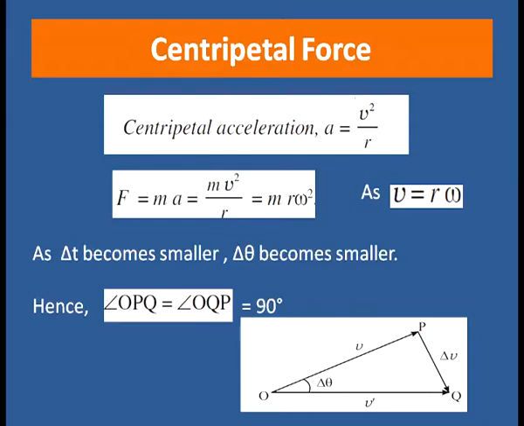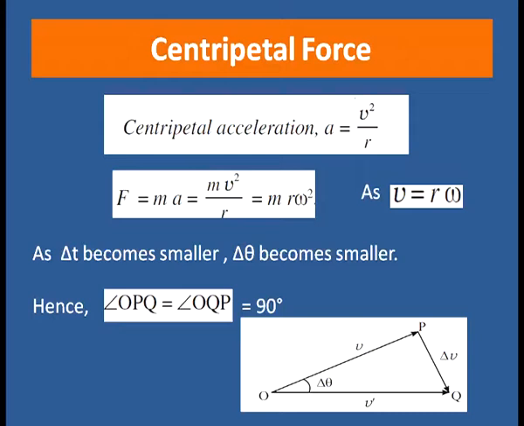So, mv square by r equals m r omega square. This is the expression for force, known as centripetal force. So F, the centripetal force, equals mv square by r, or m r omega square, where omega is the angular velocity. This is the magnitude of the centripetal force.